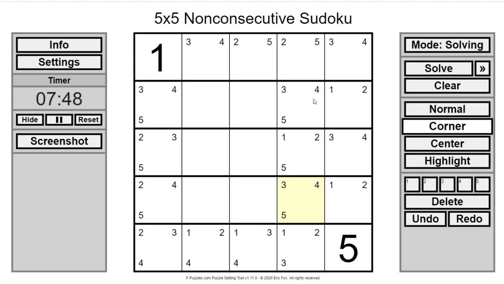So now 4 in this row is either there or there, so that's not a 5.